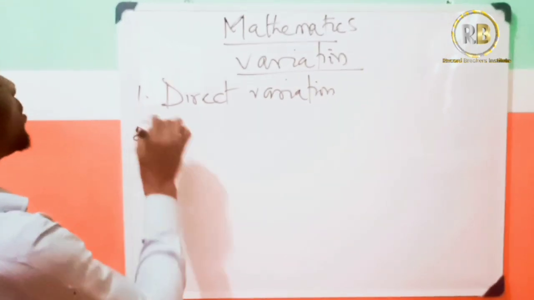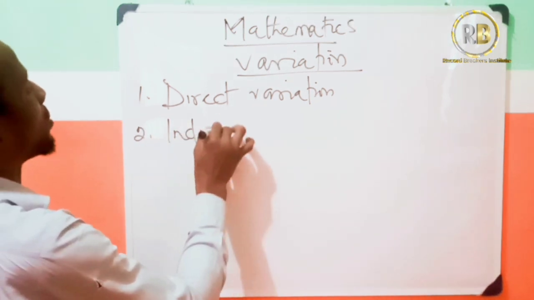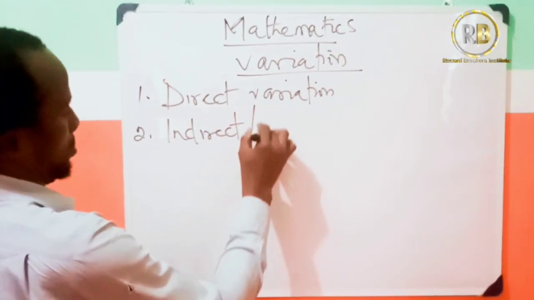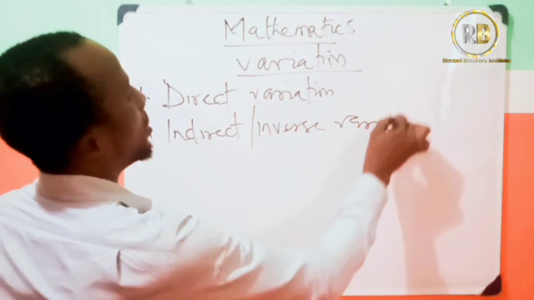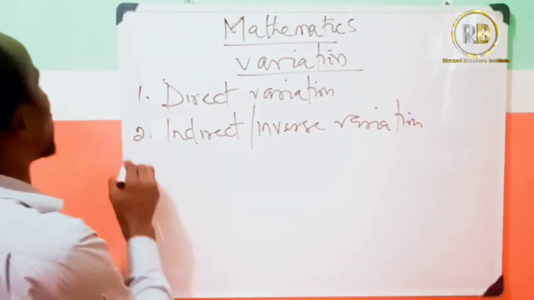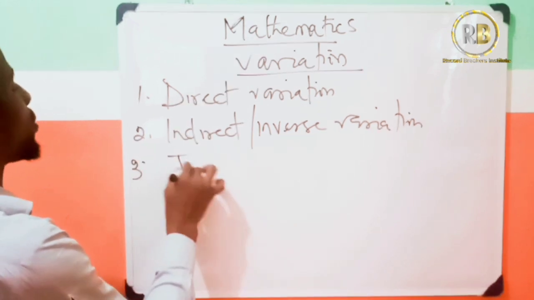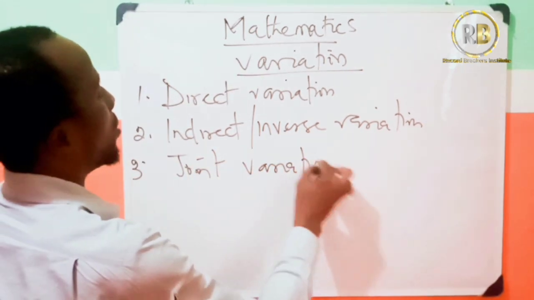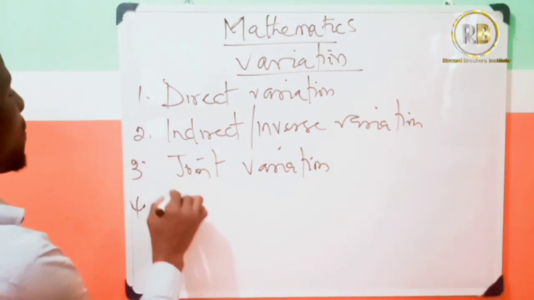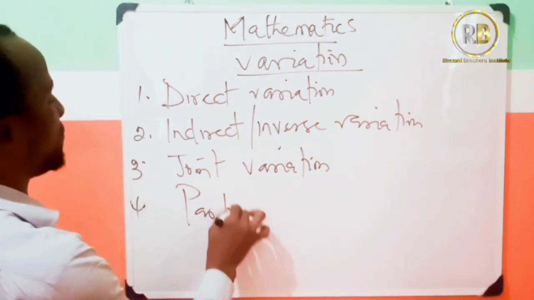Number two, indirect or inverse variation. Number three, joint variation. Number four, partial variation.